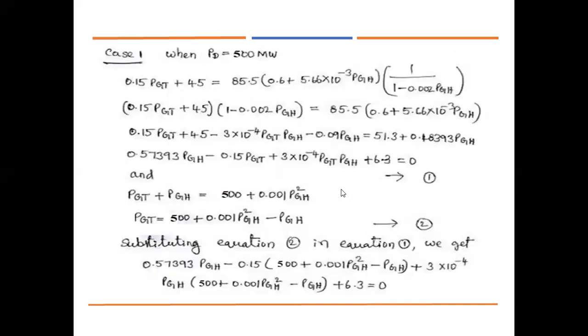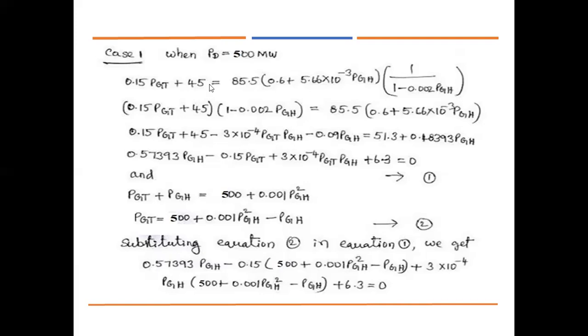So here we have two cases. In the first case, when PD equal to 500 megawatts, meaning the total demand equal to 500 megawatts, how will the two plants distribute the total demand? First we need to consider the coordination equation and the demand equation.